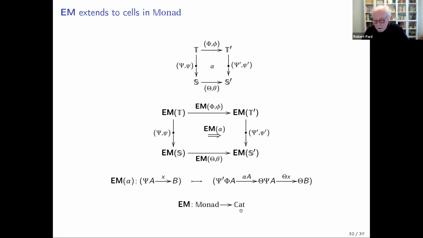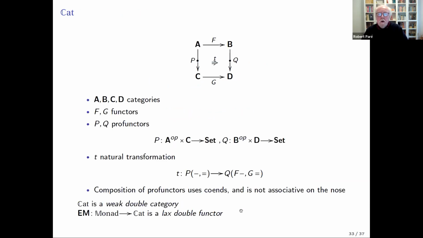But what is this Cat? The objects are small categories. The horizontal morphisms are functors.